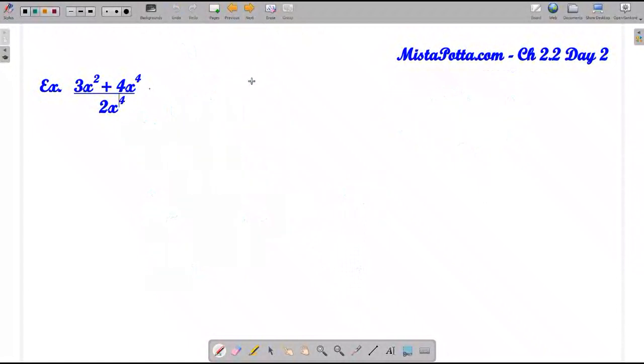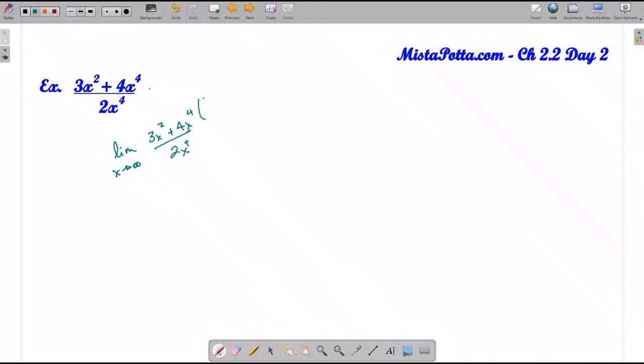If I end up with a situation where the degrees are the same, I try that exact same idea by looking at the limit as x approaches infinity of this function. I'm going to multiply the top and bottom by 1 over x to the 4th.